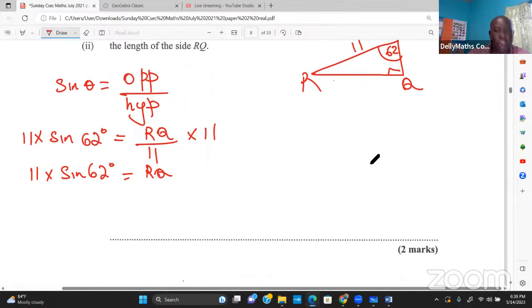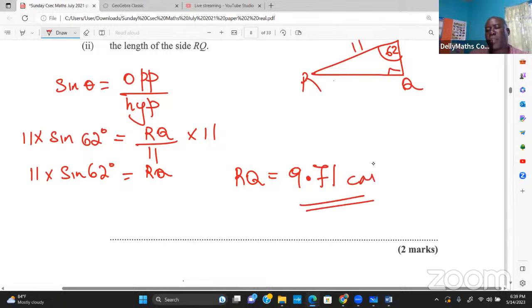I always encourage you to make sure that your calculator is in degree mode. Because if you don't, you will get an answer, but definitely not the one you want. So RQ is equal to 9.71, and there's a 2 behind it, so 9.71 is properly rounded off, in centimeters.